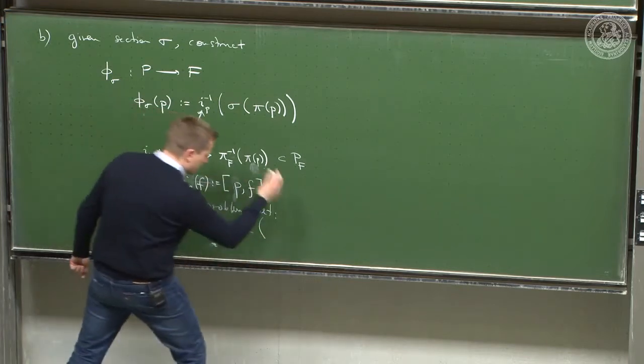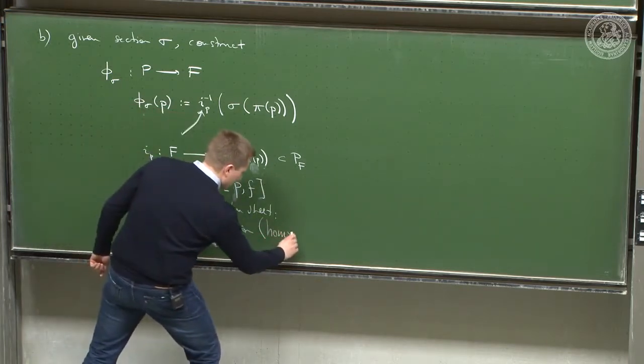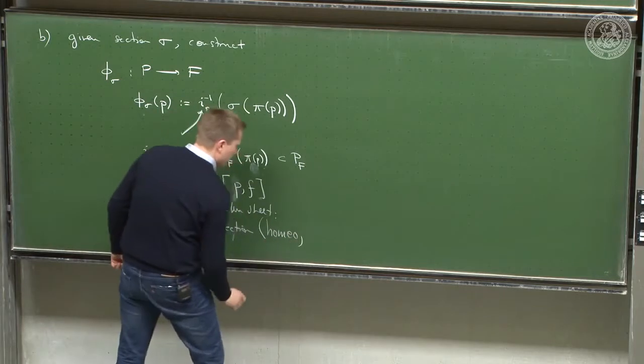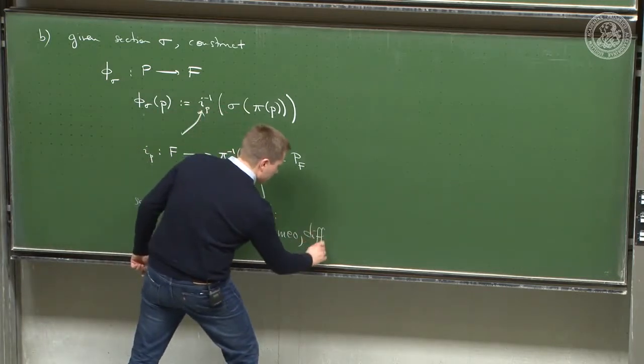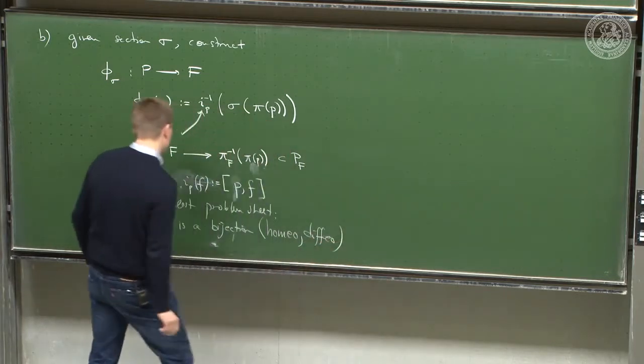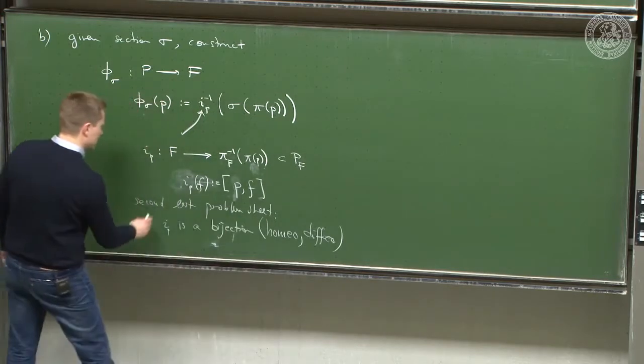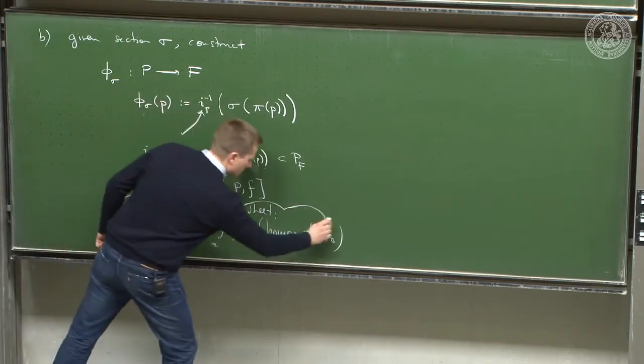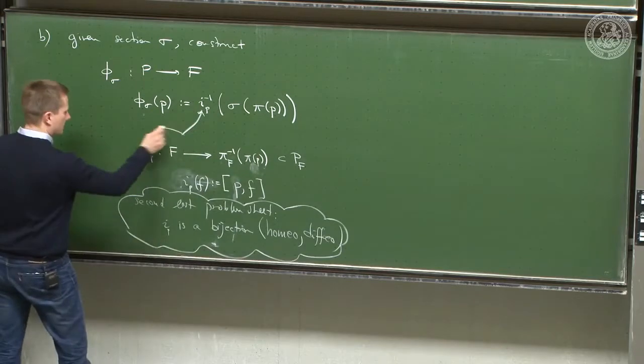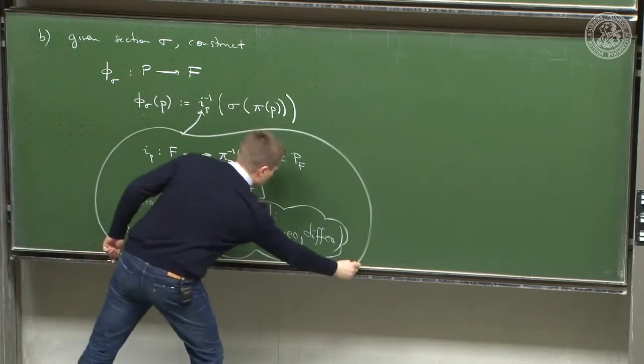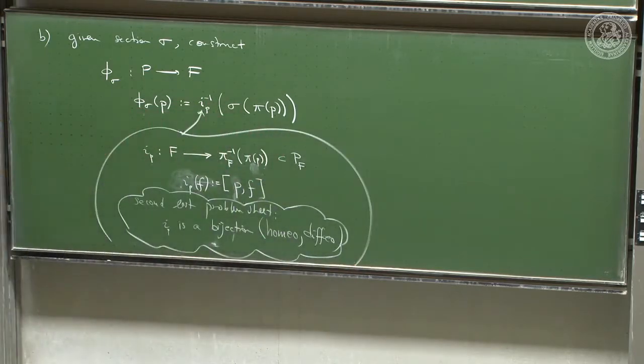And of course, if you require continuity, it's even a homeomorphism. If you require differentiability, it's even a diffeomorphism. Okay? So this is what the problem sheet said. Okay, that's the info on this I.